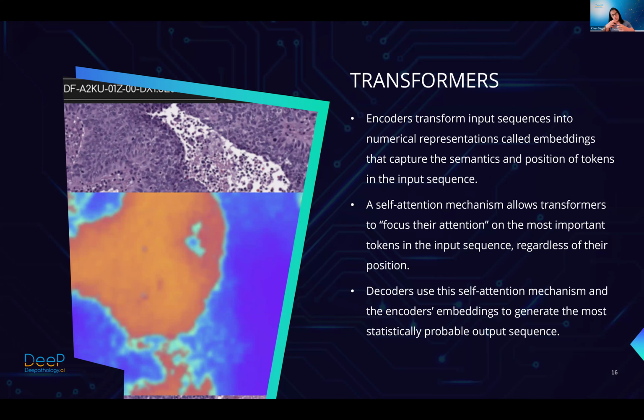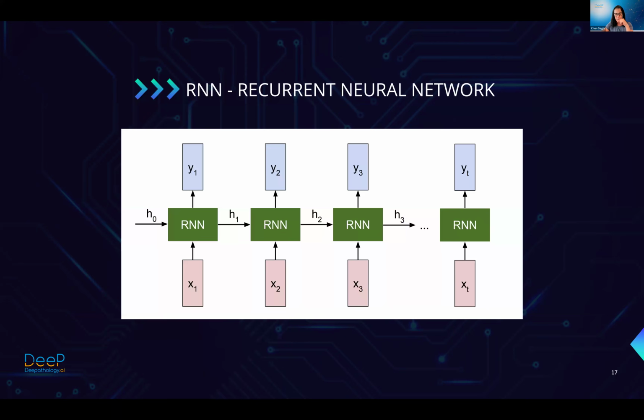So we look for the relationship between the components of our input data, and then we decode this information in order to solve a specific problem. So usually foundation models are, or in order to be a legit foundation model, you need to use transformers.